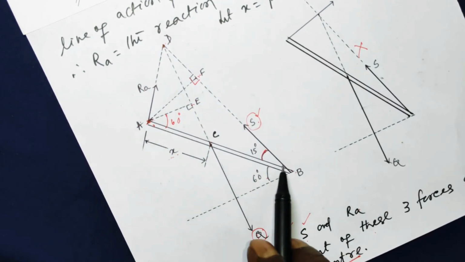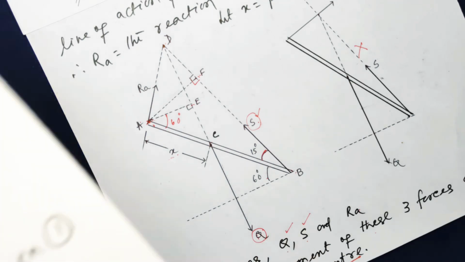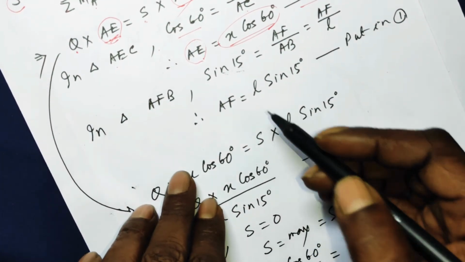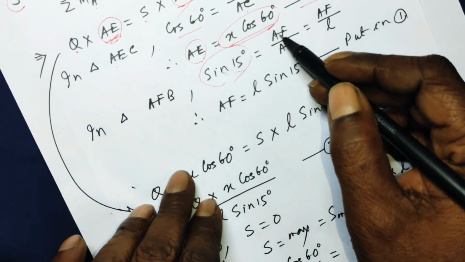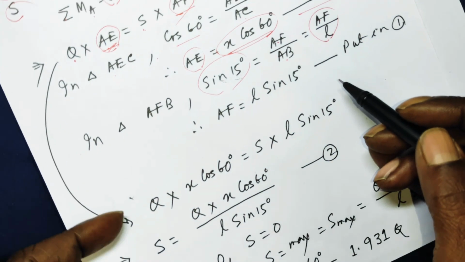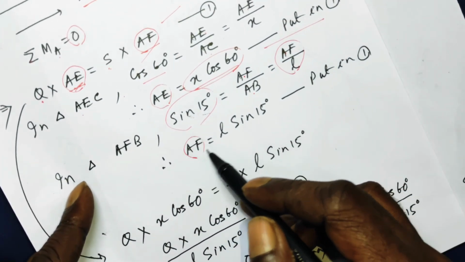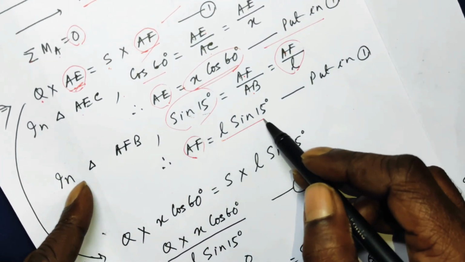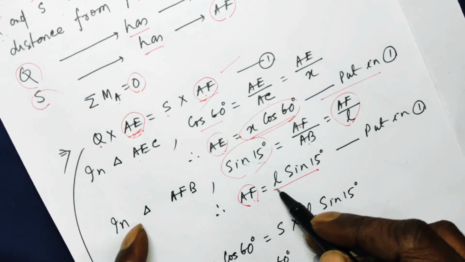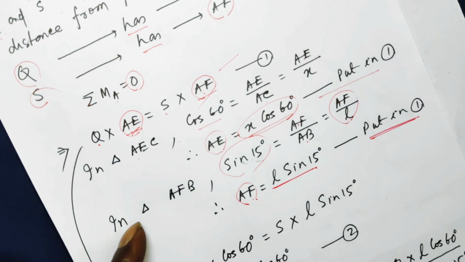And the value of AB is taken as L. So in triangle AFB, sine 15 will be perpendicular over hypotenuse, AF over L. So if you cross multiply, you get AF is equal to L sine 15. And AF is here in equation 1. Put this value of AF, that is equal to L sine 15, in equation 1.